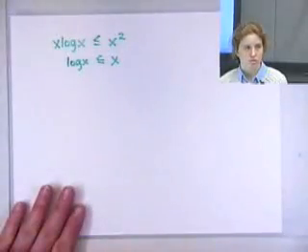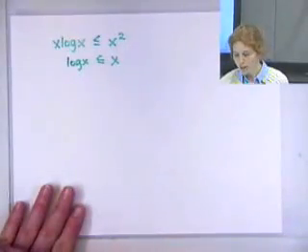So if you were confused about logs, say you didn't know which one was bigger, x log x or x squared. Well, one thing I would do is make a guess, and then try to prove it. Without doing a proof by induction, I could just take x log x is less than or equal to x squared, divide both sides by x: log x is less than or equal to x.